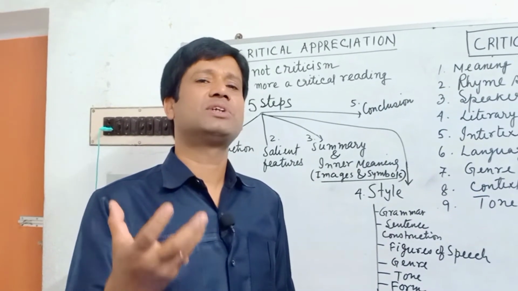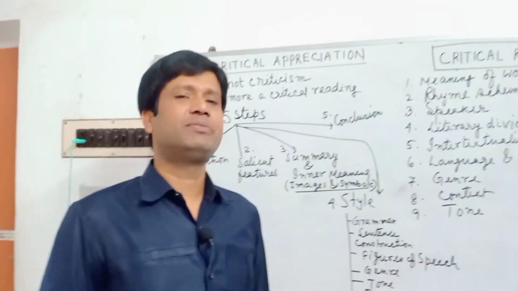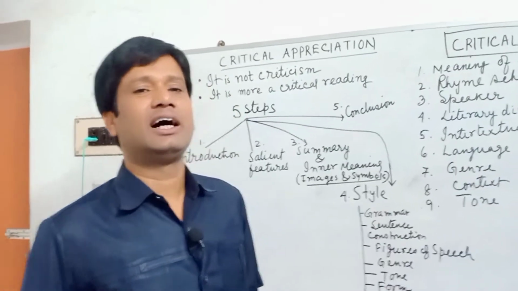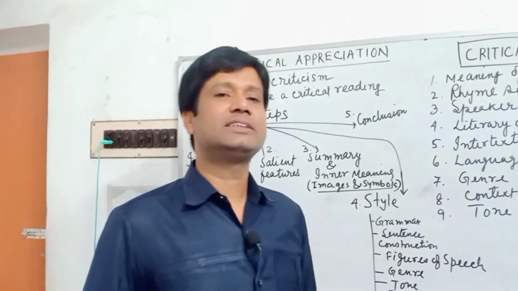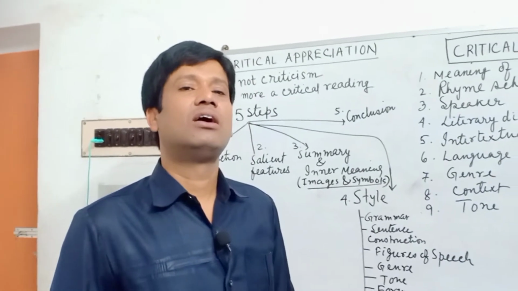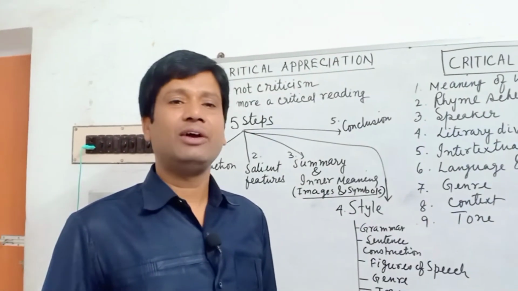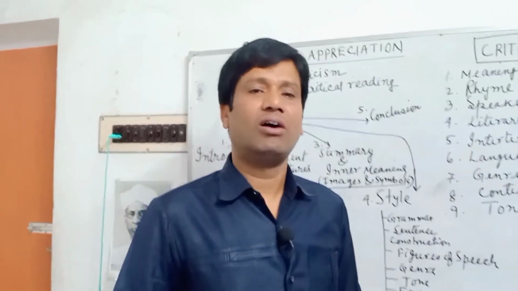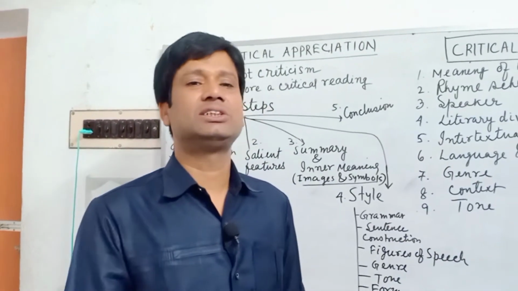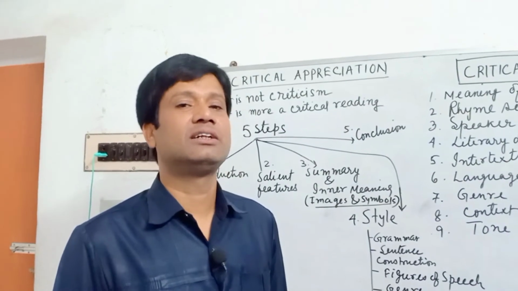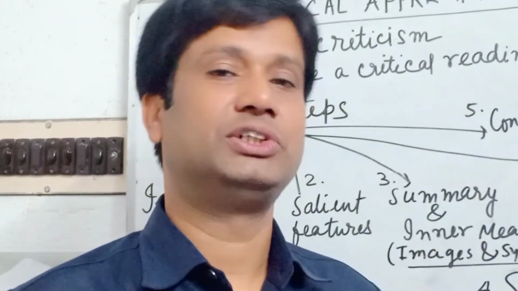Such types of questions are framed by the university for the English honors students or the students of literature. But today I will focus mainly on how to write critical appreciation on poetry.